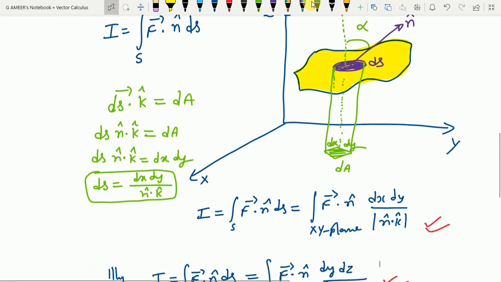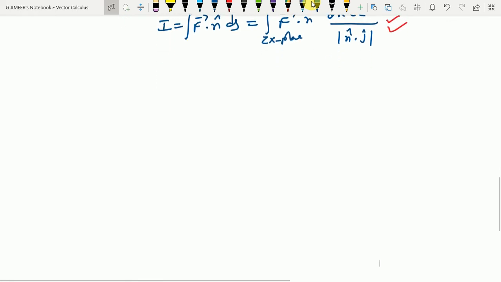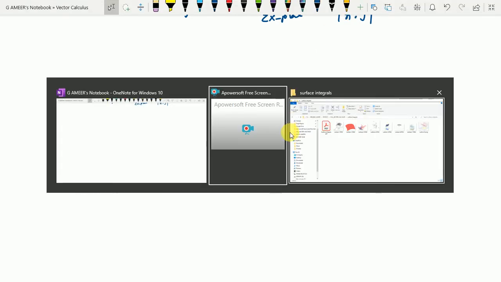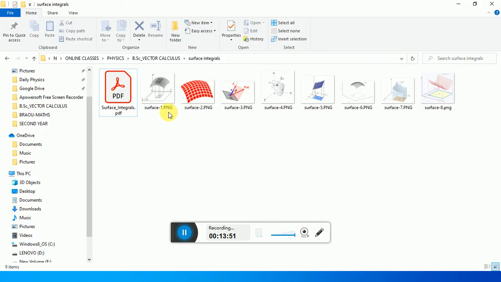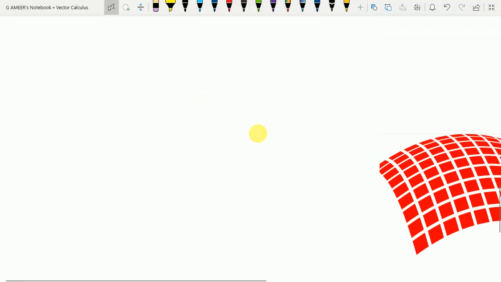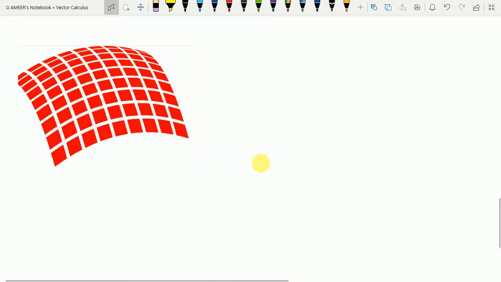If required, I will show you images before going to the solid problems. Let's say for example this is the surface integral I need to calculate.